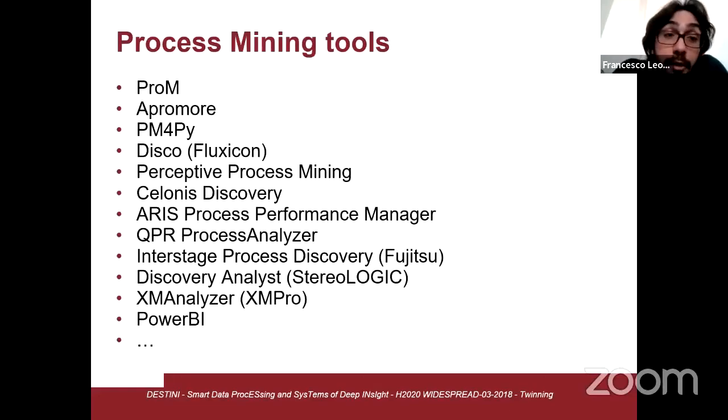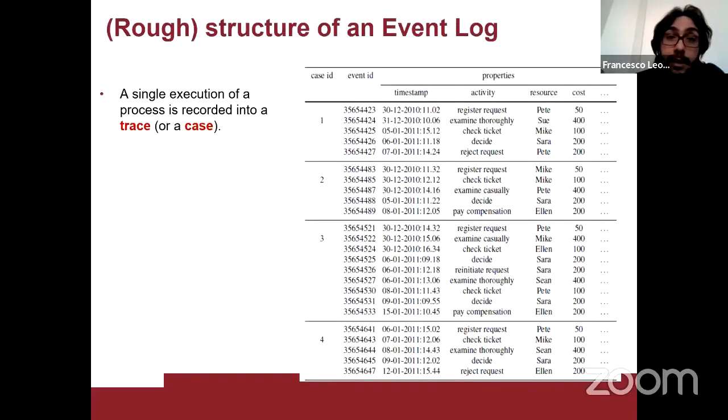The same for Apromore. These two are basically the two main competitors in the open source scenario. Recently, PM4Py, which is a Python library including several different process mining methods, is rising as an interesting open source technology. And then we have a set of commercial tools that are increasingly incorporating techniques from process mining.